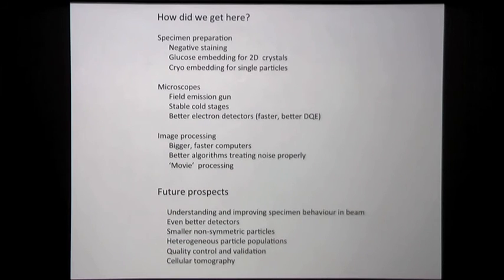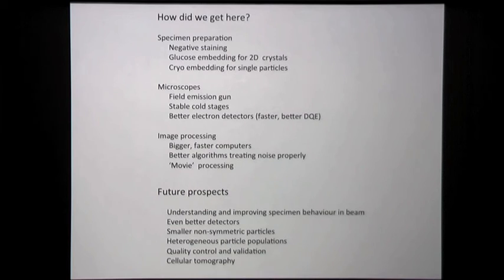That's already happening to a certain extent, but with better images you'll be able to do a better job, whether it's because it's a somewhat flexible particle so that domains move and you have them in different configurations, or because you've got a subunit which is present on some complexes and not others, or a ligand or something which is on some complexes and not others. So I think we'll be able to deal with heterogeneous particle populations.